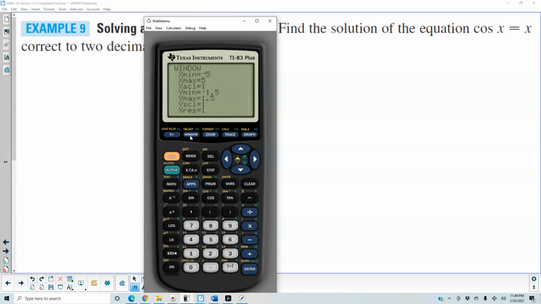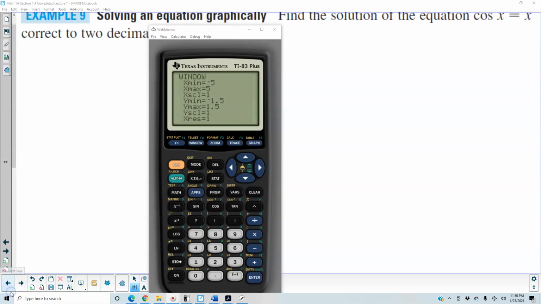Now, the window that was used here was -5, 5, -1.5, 1.5. We might want to go a little bit closer to see what's happening. We also may want to change the scaling on the x-axis just so we can see what's happening, which gives us a clear idea of how to look at these graphs.